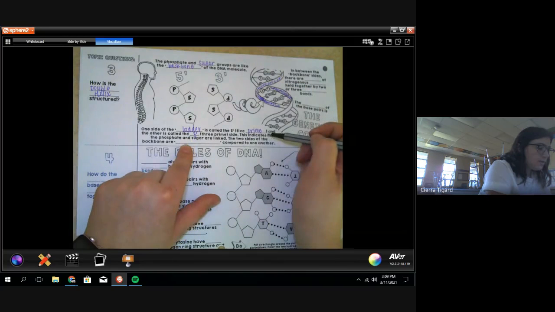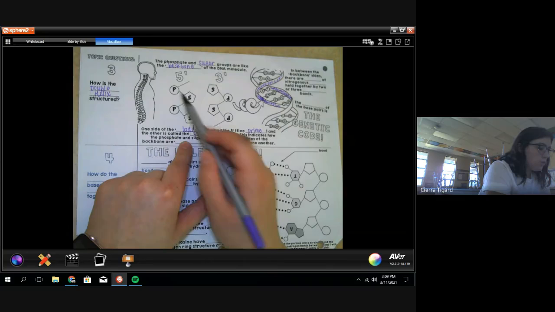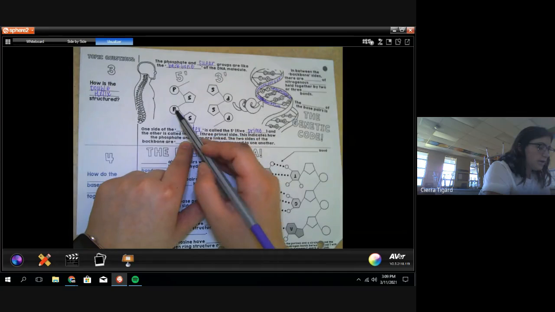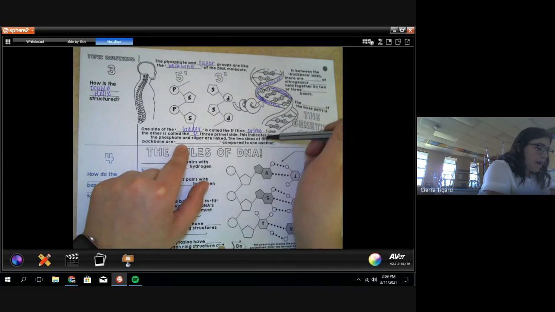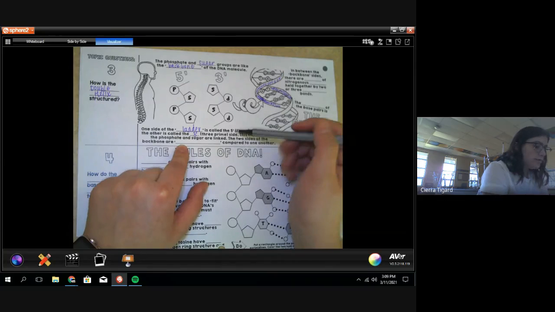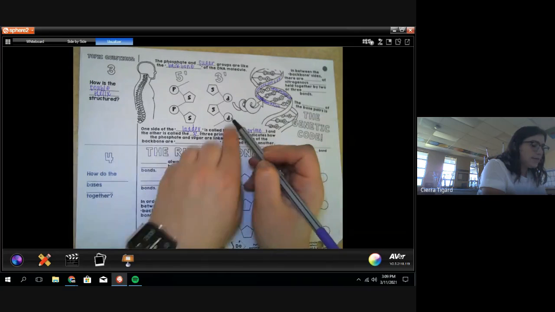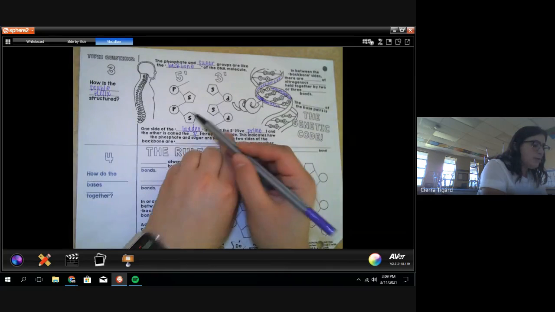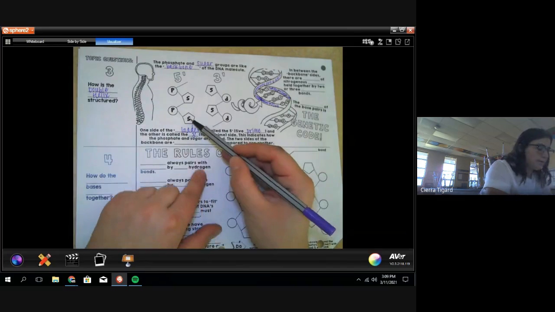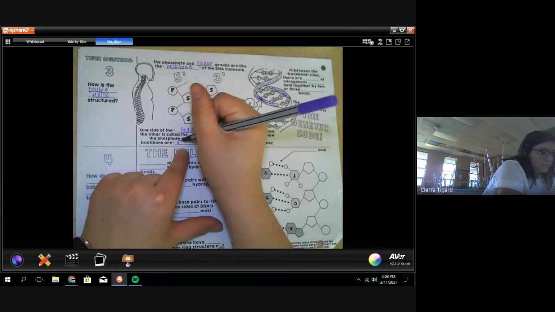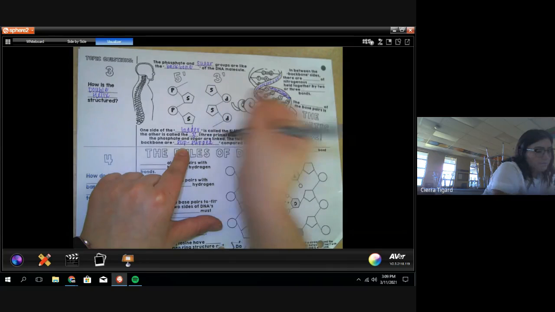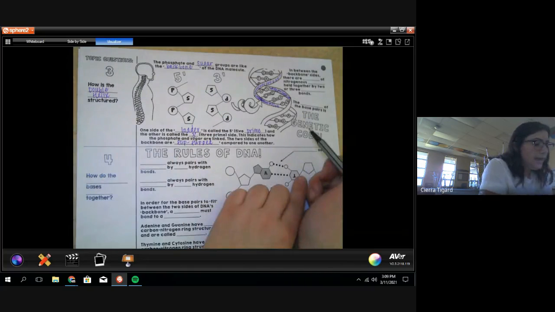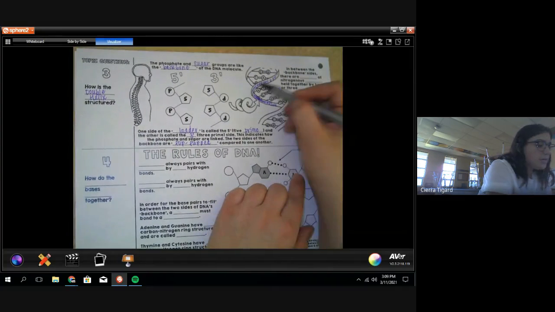This indicates how the phosphate and sugar are linked. So we have our phosphate and our sugar. It shows how they are linked, but the two sides of the backbone, so the left and the right, are going to be flip-flopped. So you guys can see that this P and this S is upside down compared to this one, which is right side up. Flip-flopped. Good.